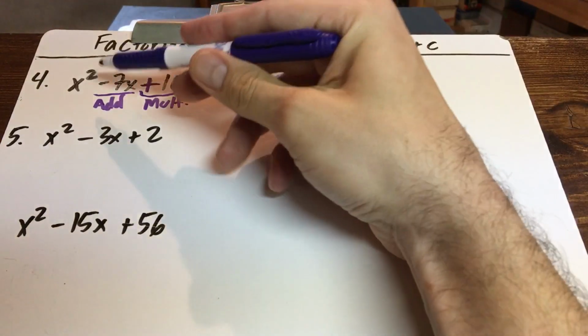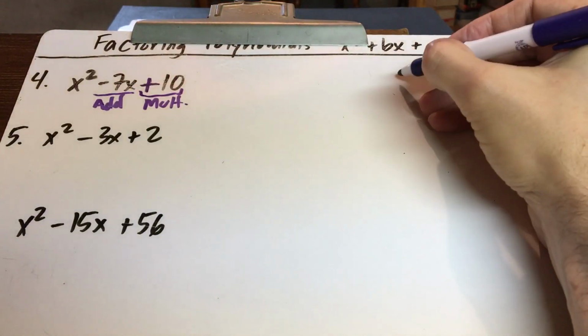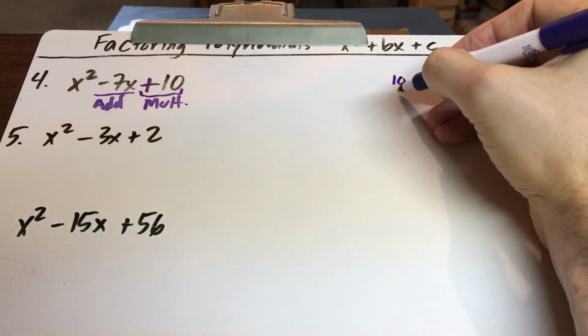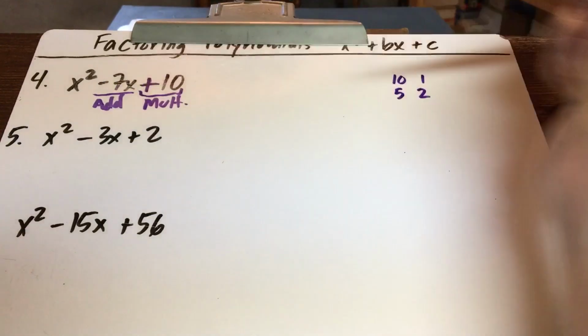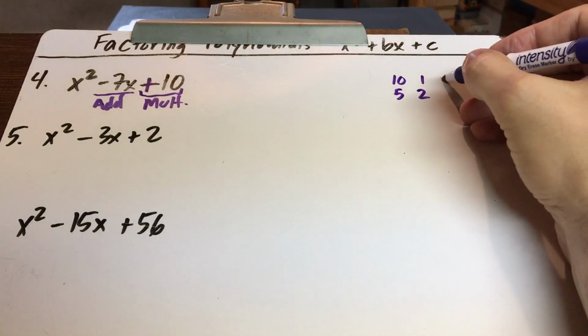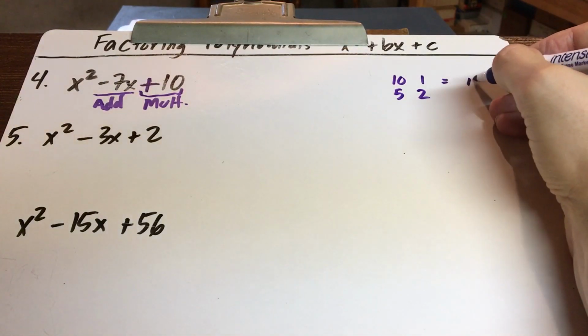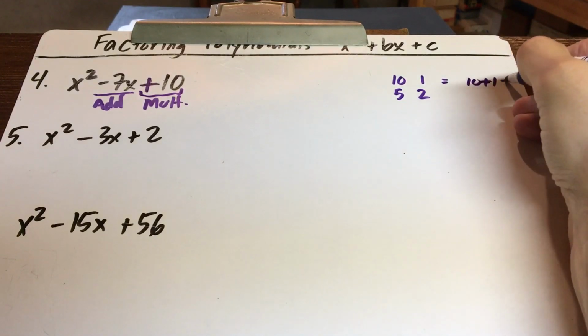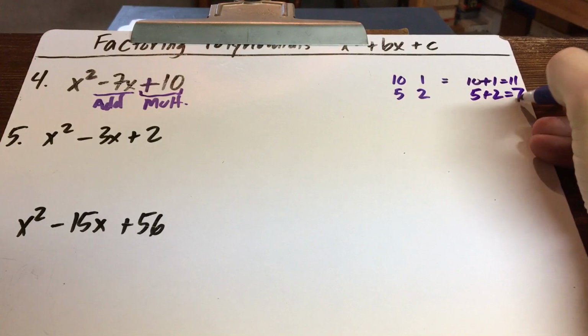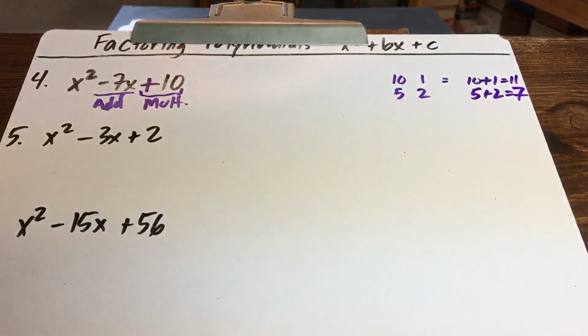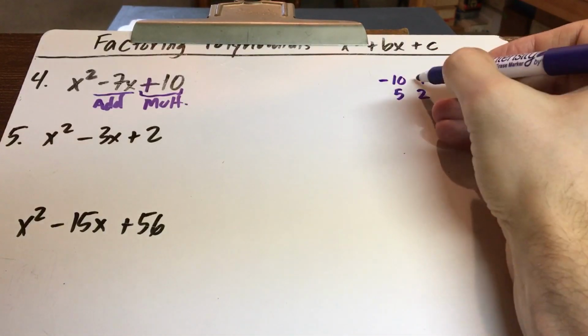And so if I'm looking for negative 7, I don't just want to put like 10 and 1 and then 5 and 2, because those aren't going to add up to a negative 7. Those are going to add up to like positive 11 over here and positive 7. So that's not exactly what I want. It's the wrong signs, right? I need these to add up to negative 7.